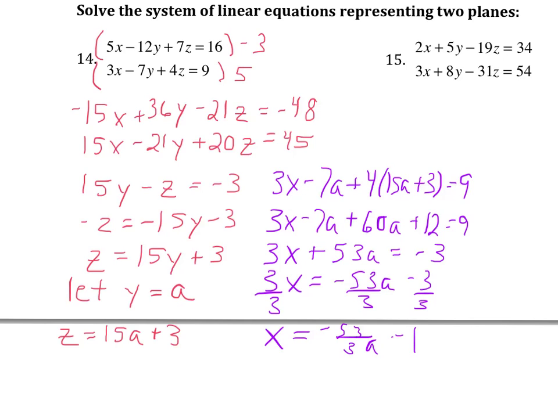So even though that's a little ugly, that looks like that's what it comes out to be. So our point generator is negative 53 thirds a minus 1, a, and 15a plus 3.